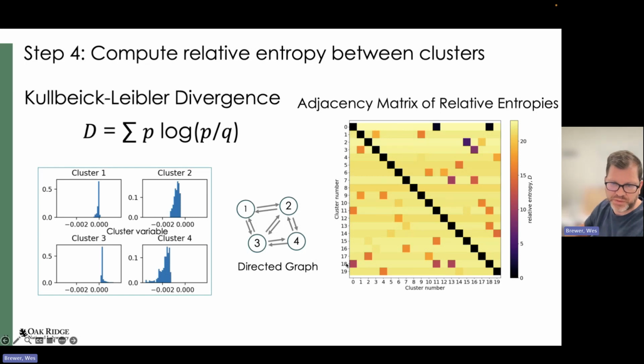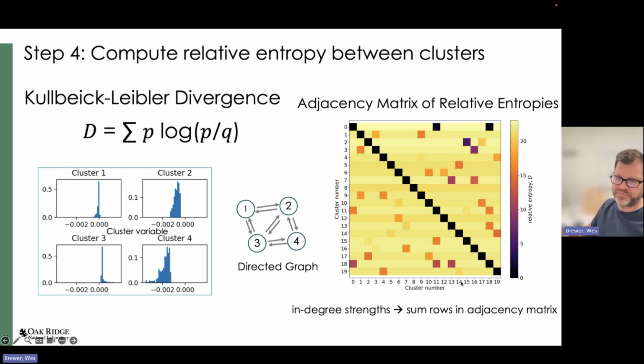In this case, we have 20 clusters on our y-axis against the 20 clusters on the x-axis, and it shows the relative entropy of each pair. If we want to get the n-degree strengths, we can just sum the rows of the adjacency matrix, and then from that we can subsample, which I'll show in the next step.